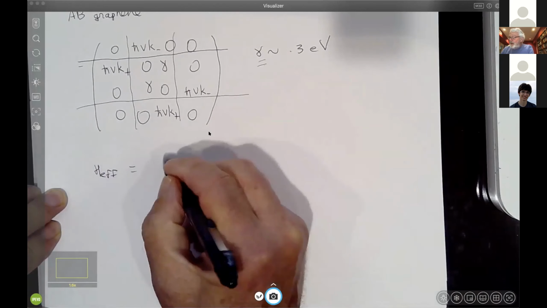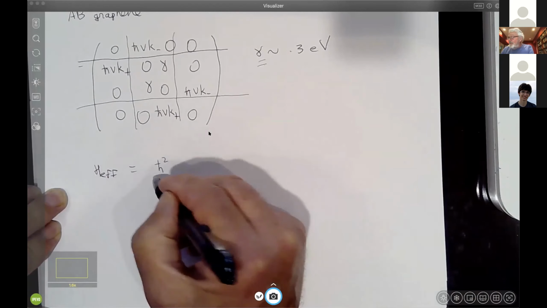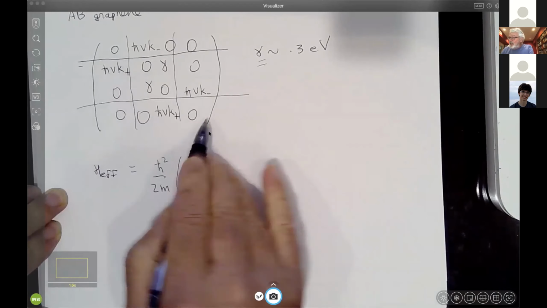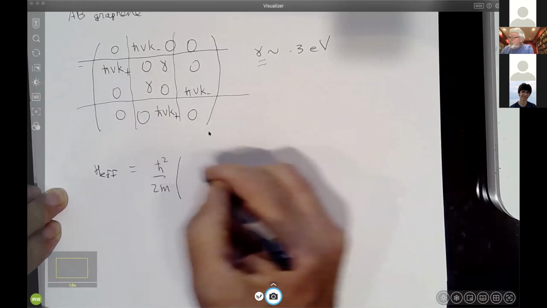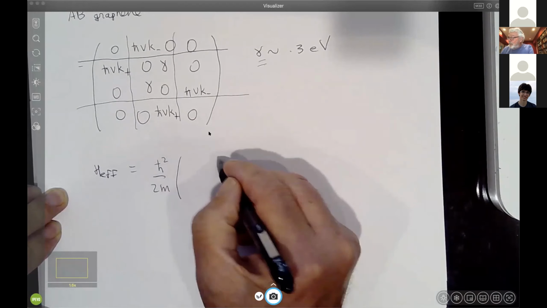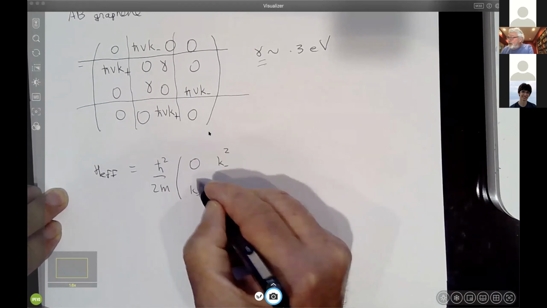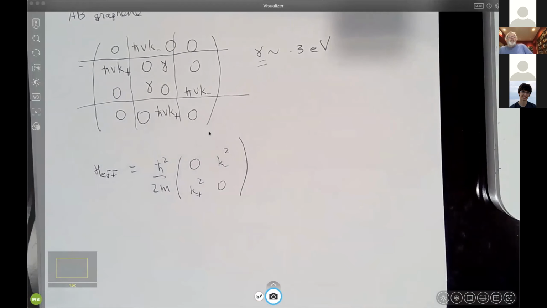When they do that, you get an effective Hamiltonian between these two low energy sites in the two layers, with quadratic rather than linear dispersion.